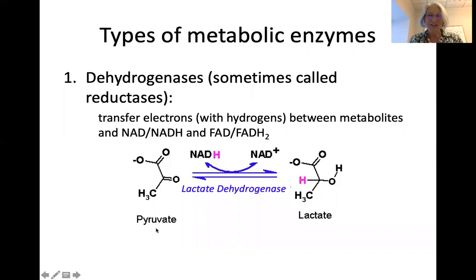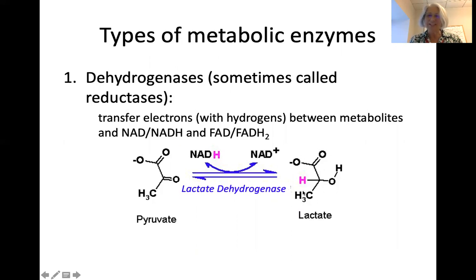And shown here, if pyruvate is the oxidized form of the substrate, lactate dehydrogenase will transfer the electrons and hydrogens from NADH onto pyruvate to make lactate, the reduced substrate.